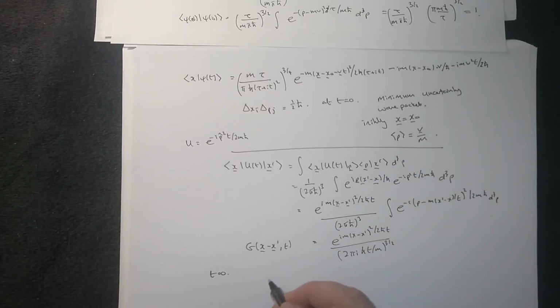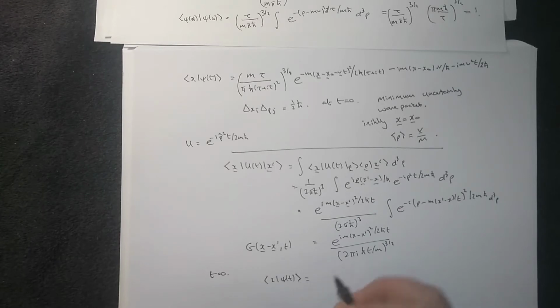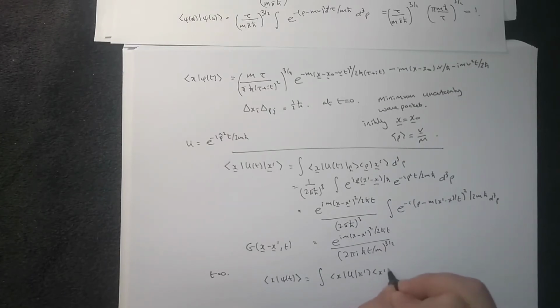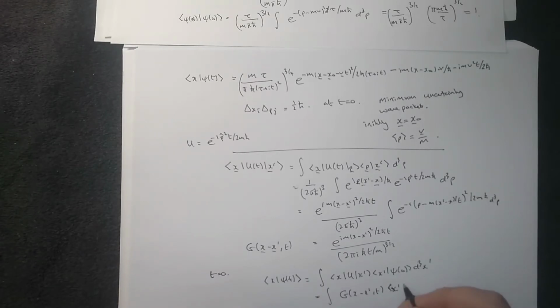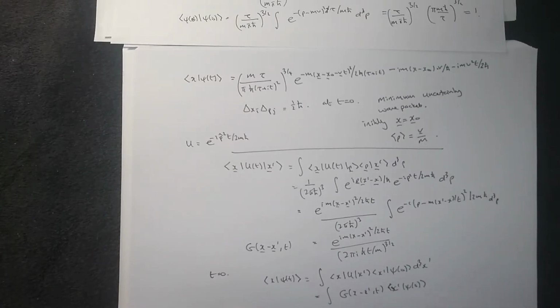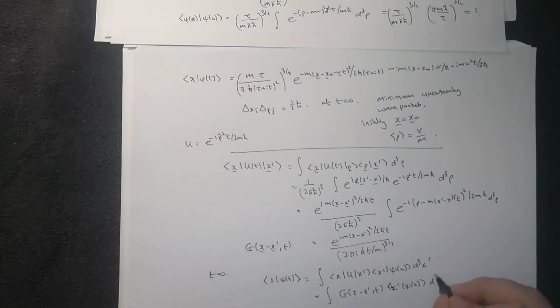Well, x with psi of t, that's x with U, x prime, psi naught d3 x prime. That's g of x minus x prime at t times psi naught in a product with x prime d3 x prime.